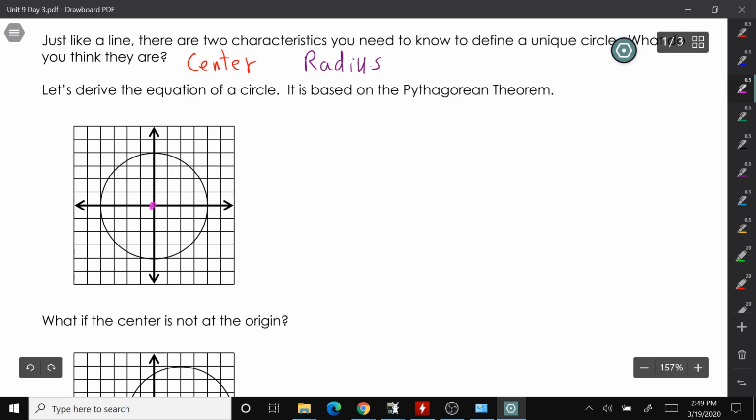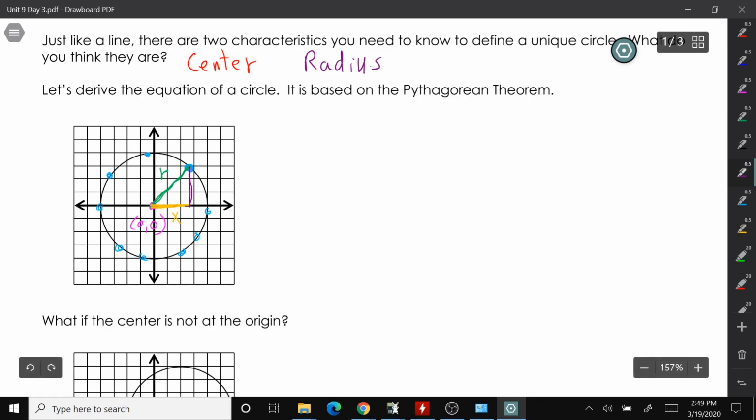So the center of this circle is at 0, 0. Now, for any one of these points on the circle, we want to come up with an equation that works for any one of these points. So let's look at this one, for example. Well, we know the radius is this distance right here, from the center to a point on the circle. The x distance, or the distance in the x direction, is one side of the right triangle.